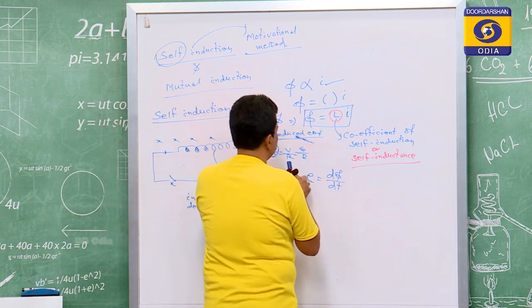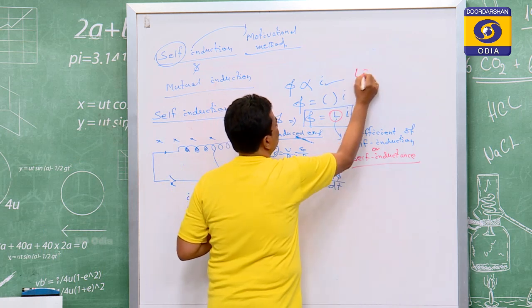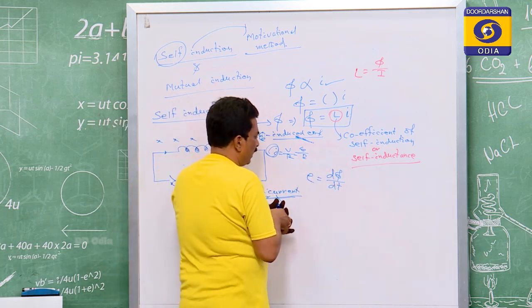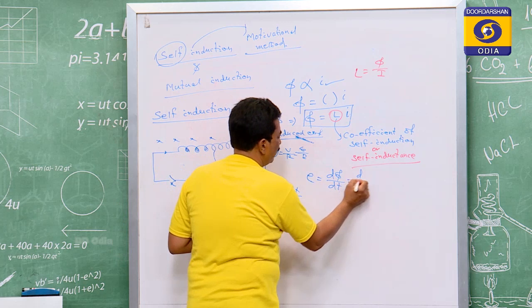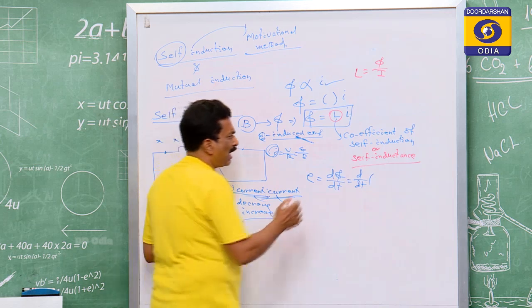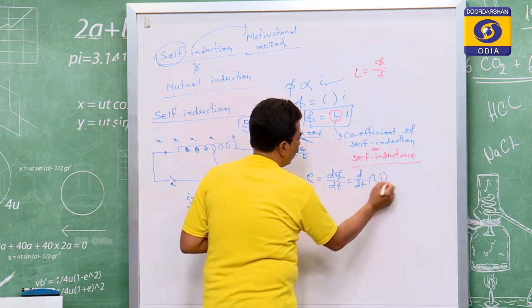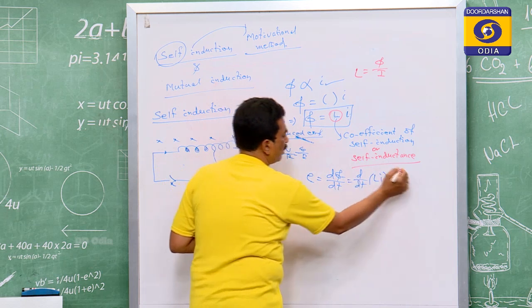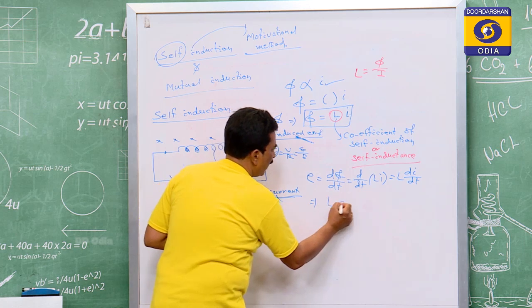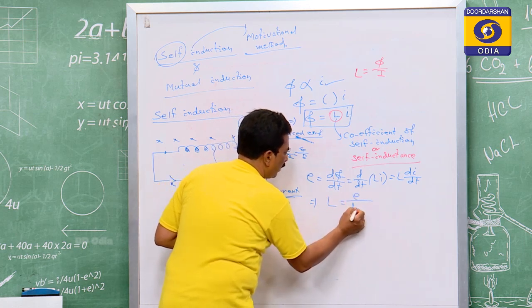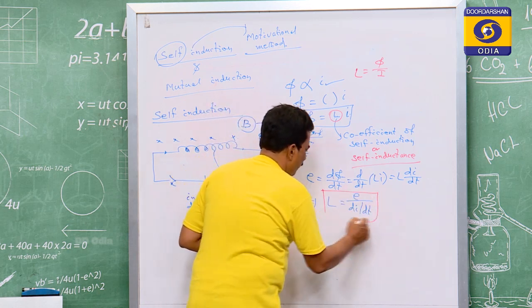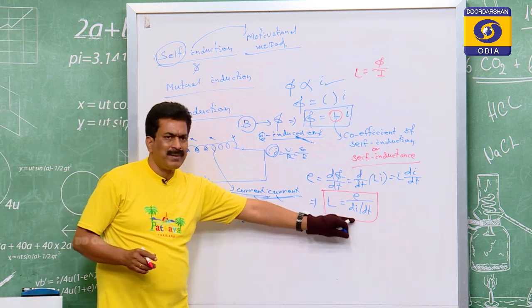Since phi equals Li, and L is a constant that comes out, E equals L di by dt. So L is equal to E upon di by dt.